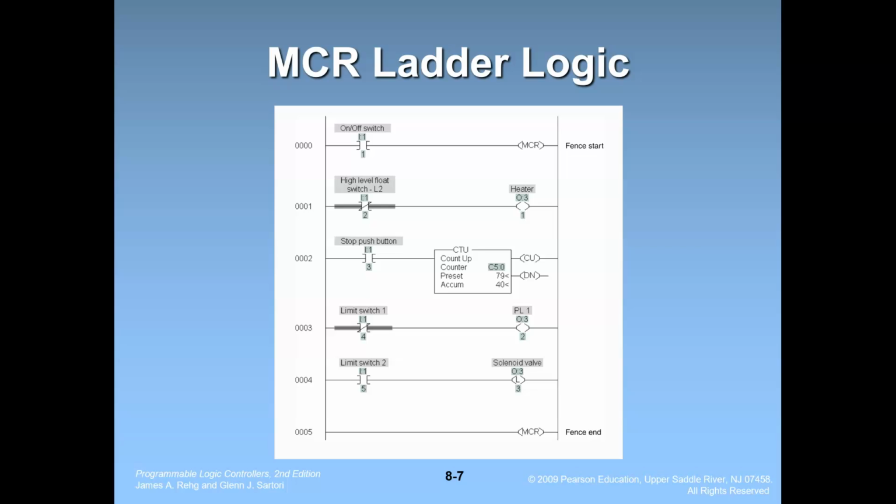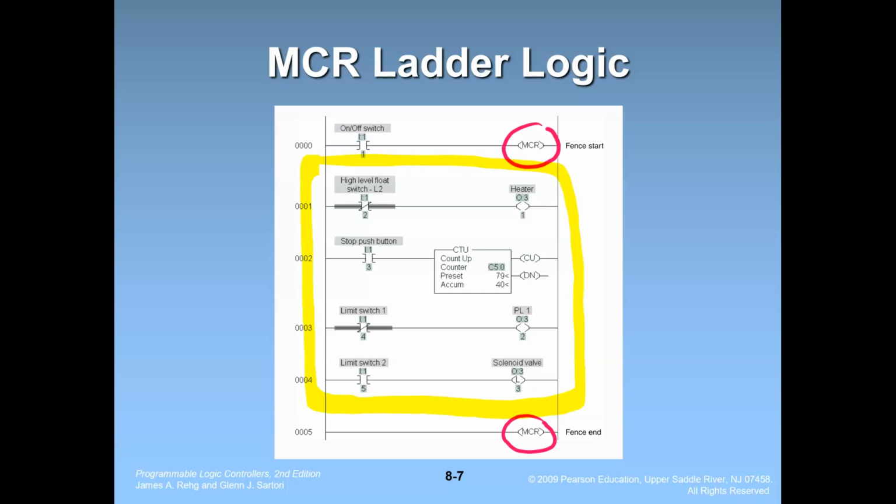Here we have a program which is using master control reset. Here is our master control reset. As you can see, the master control reset is like a fence. So it fences this part of your program.